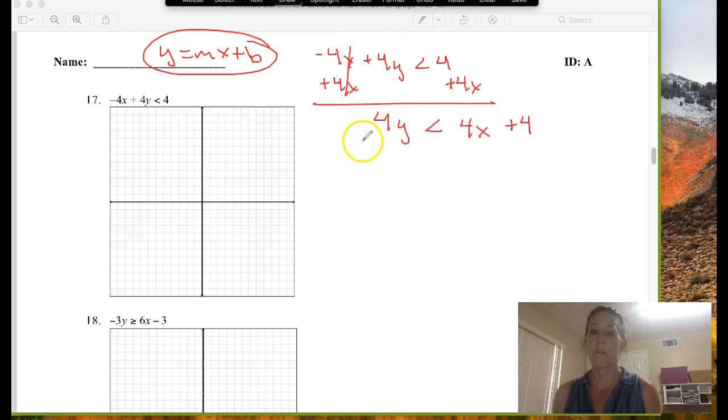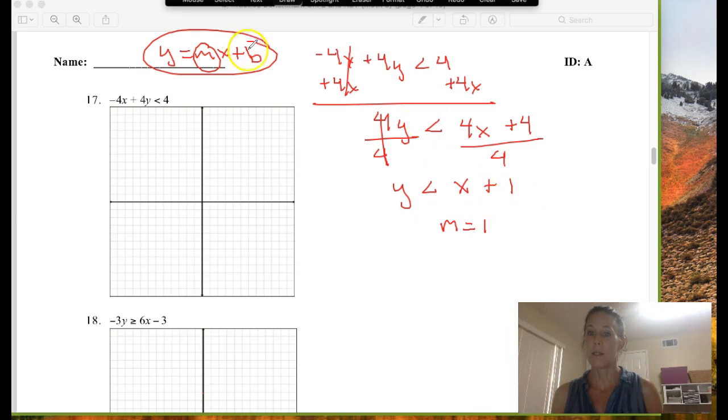Now I need to solve this for y, so I'm going to divide both sides, the whole thing by 4, and I'm going to get y is less than, 4 divides into this by distributive property, 4 into 4 leaves 1, and I'm left with x. 4 into 4 again is 1, and I'm left with just 1. Now I'm in slope-intercept form. The value next to the x is my slope, and here nothing is written, so the slope would be 1.